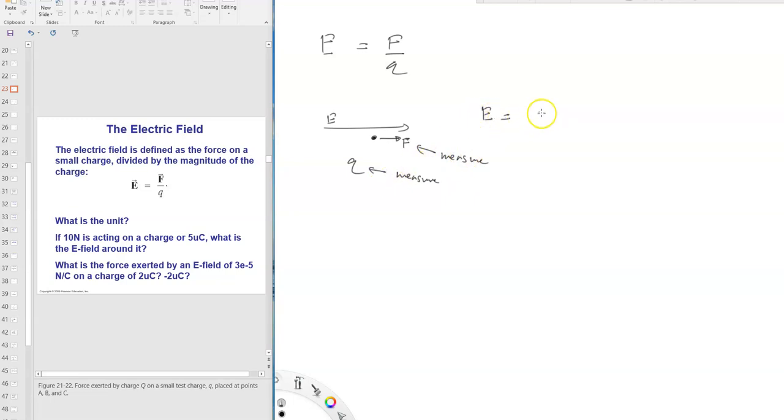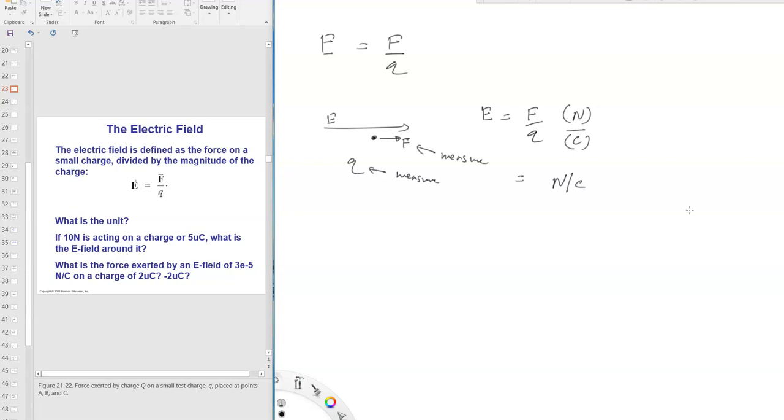The electric field is equal to force divided by charge, or you can say force per unit charge. That gives us the unit for the electric field. Force is in newtons, charge is in coulombs, so the unit of electric field is newtons per coulomb. Right? That's the SI unit.